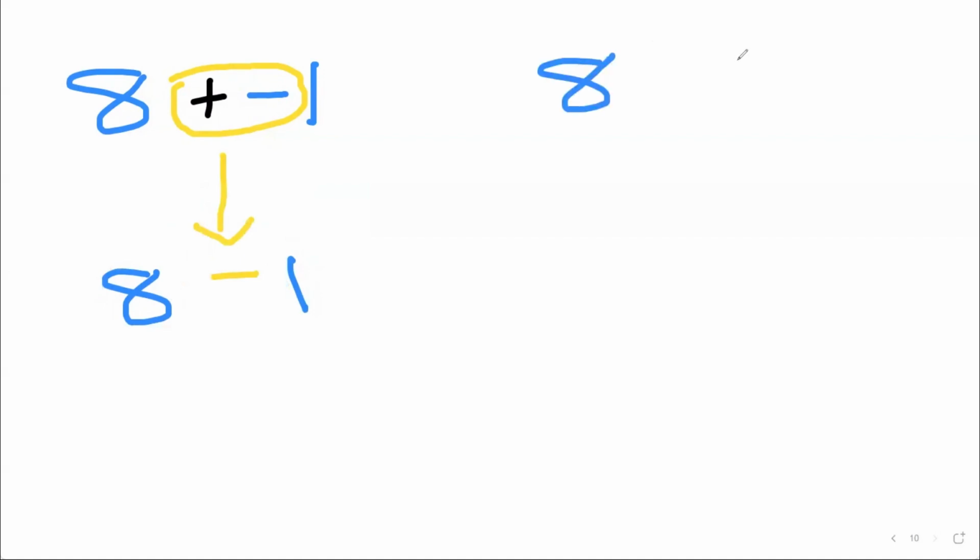So you would never do it on this kind of problem because 8 minus 1 is easy to do, but we could rewrite a problem with a negative sign as 8. We could change this back to plus -1.